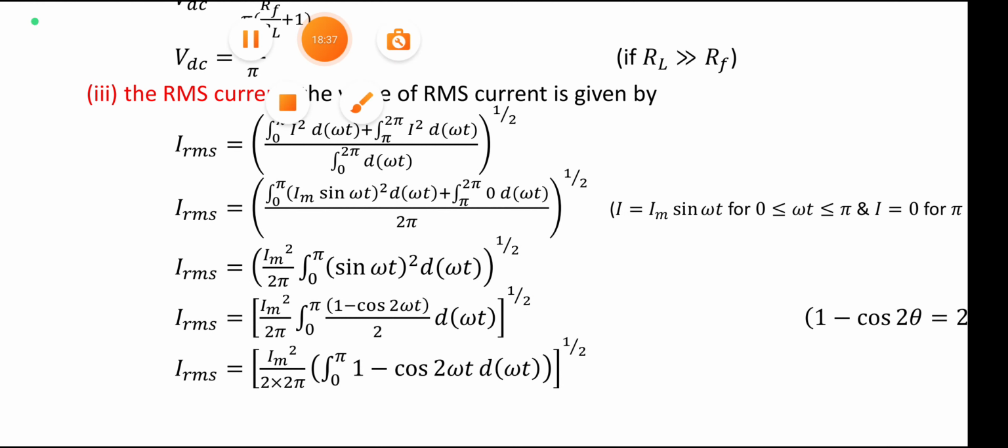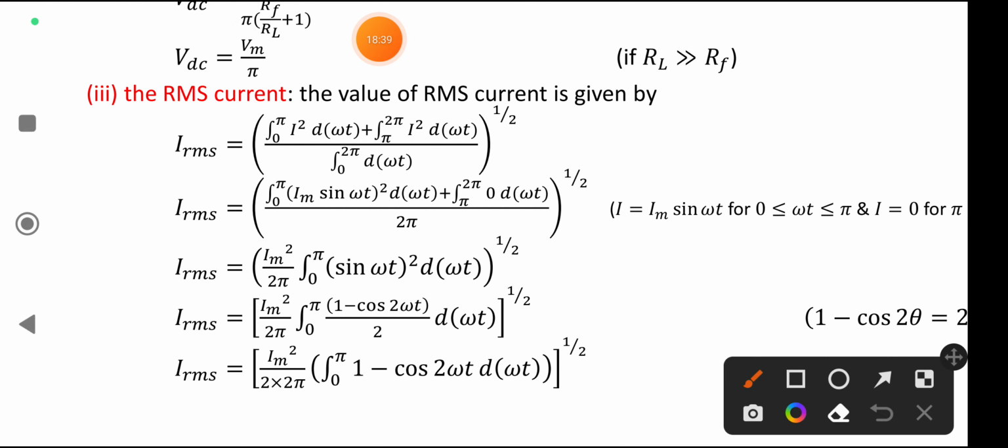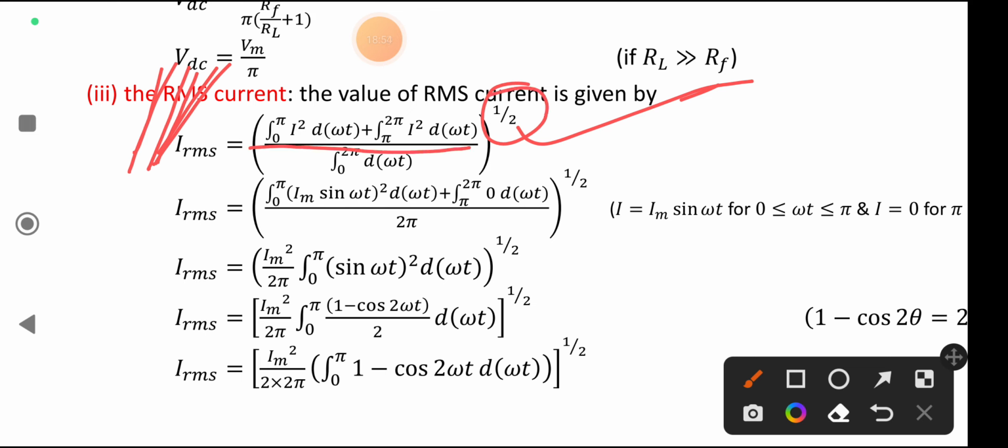Next, the RMS current. The value of RMS current is given by root mean square. Root is there, and mean means integration, as I told you just now, and square is there, so I square.